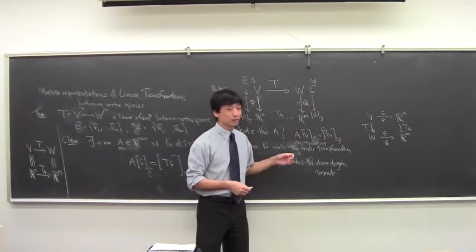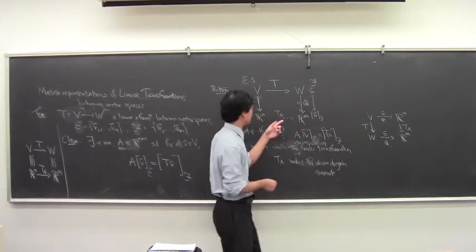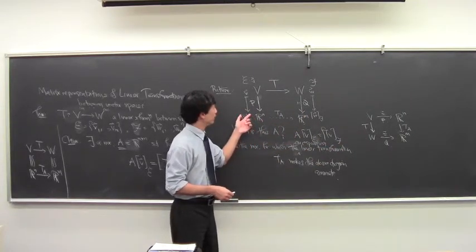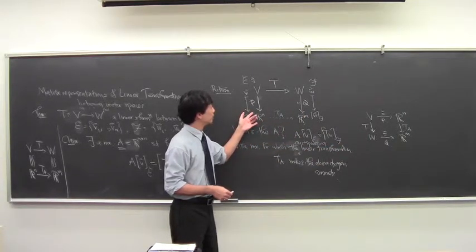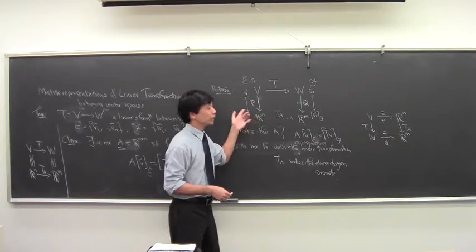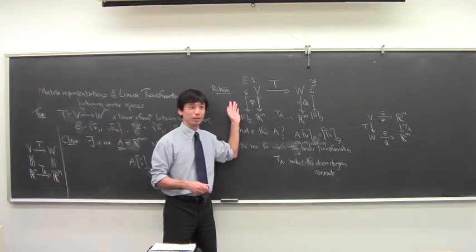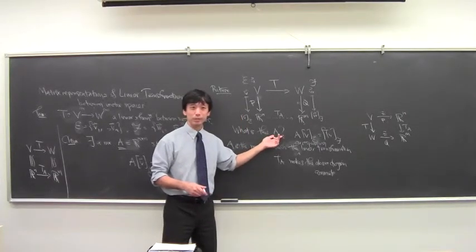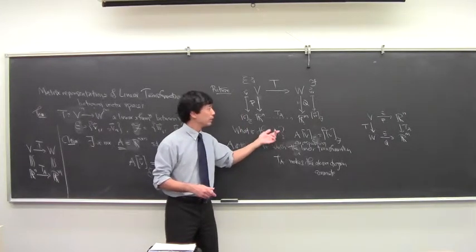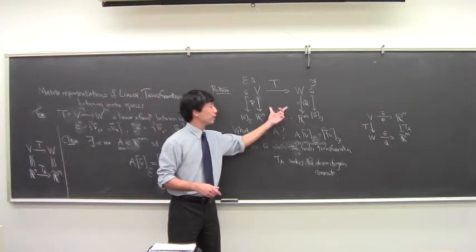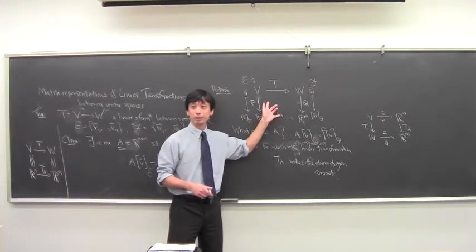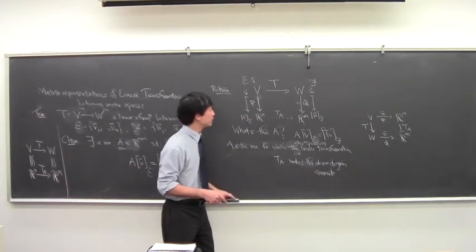So, any questions about what this thing is? What A is? A is going to be the matrix that makes this diagram commute.